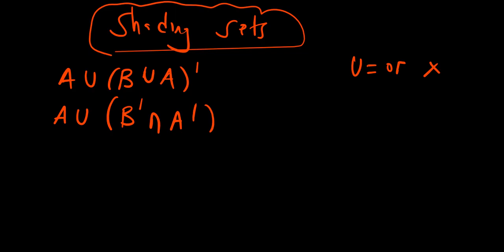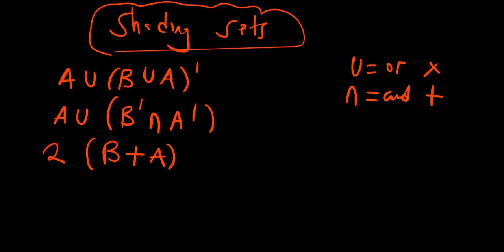In terms of the intersection, we said it's the same as and, so the other operation that you can use is a plus for the intersection. So this expression is just the same as if I say 2 multiplying B plus A. What do you do with such an expression? It means you're going to distribute 2 throughout the bracket.